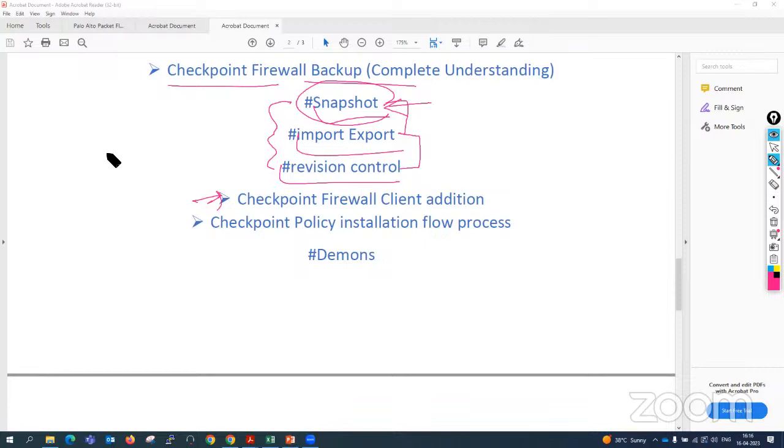Similarly, checkpoint client addition. If let's suppose you are not able to log into the checkpoint, then how you can add that user into the admin section or maybe admin role.